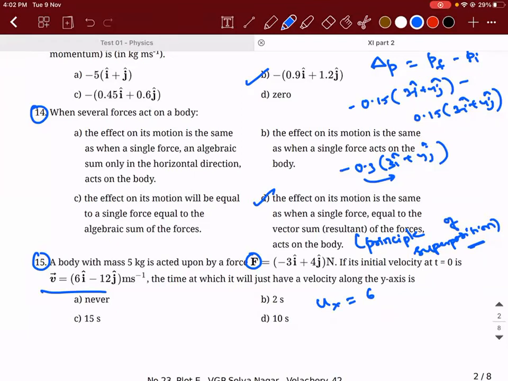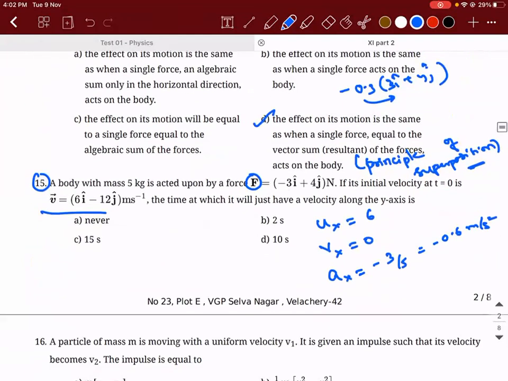Sorry, uy then, because they are asking about y. Then vx should be how much? It should be 0. What is ax? It is minus 3 divided by 5. That is minus 0.6 meter per second square. Correct? Divided by 6. Why 6?